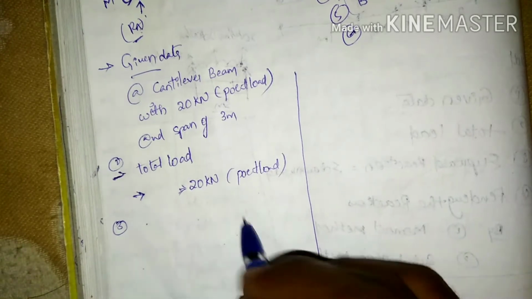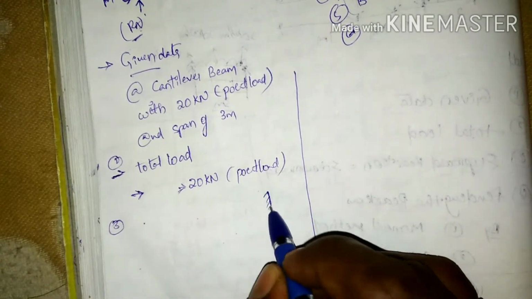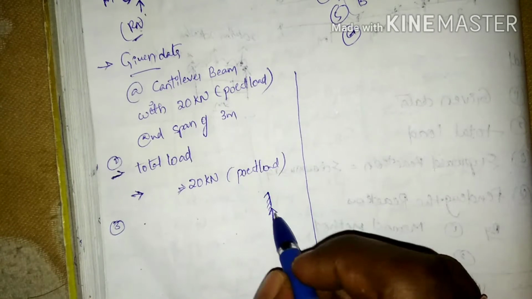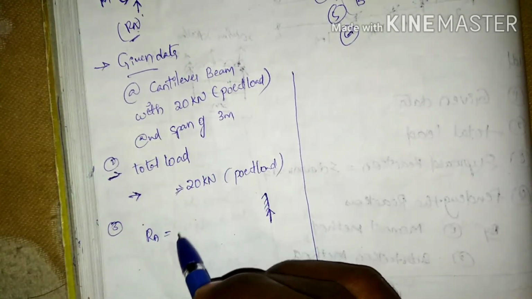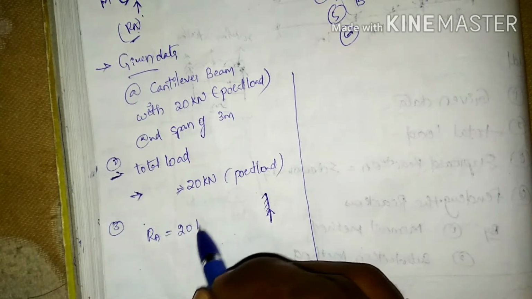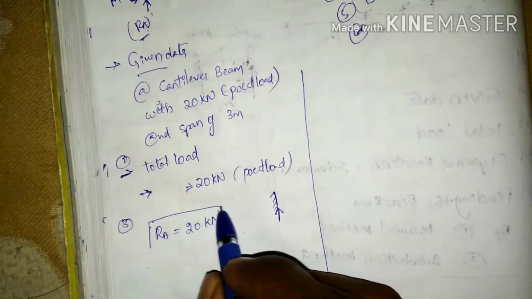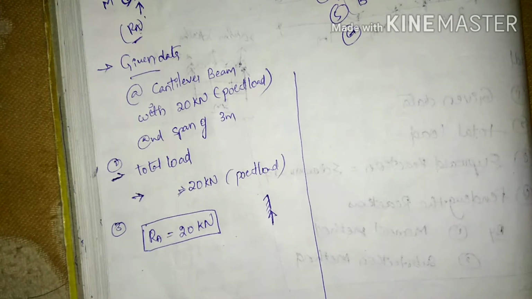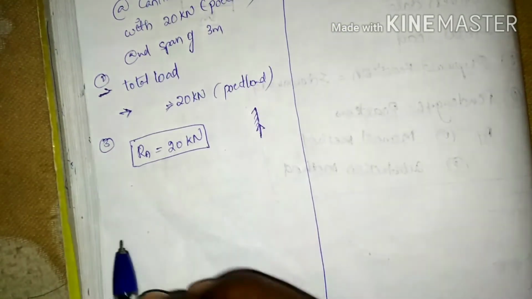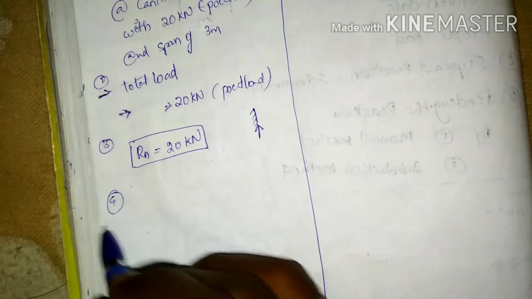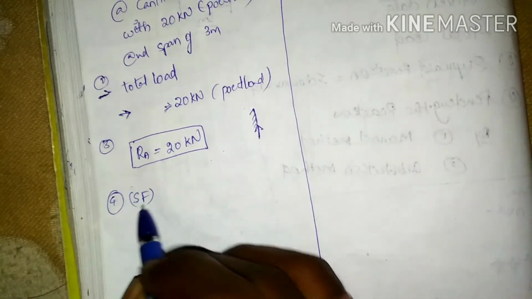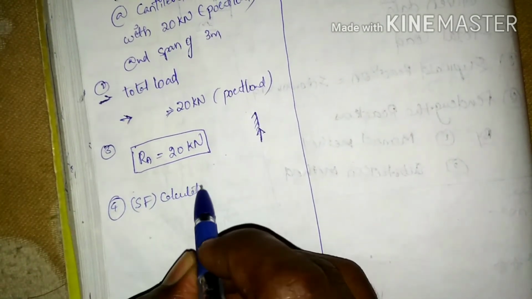We have a fixed beam, so we have only one upward reaction, RA, equal to the only downward load, the point load of 20 kilonewton. RA is equal to 20 kilonewtons. Next, number 4, shear force calculations.